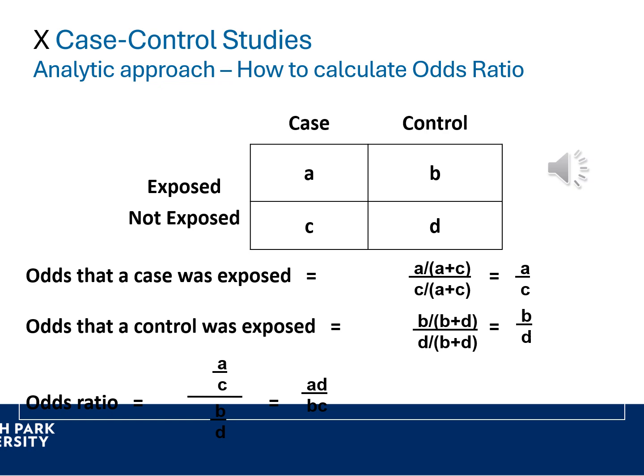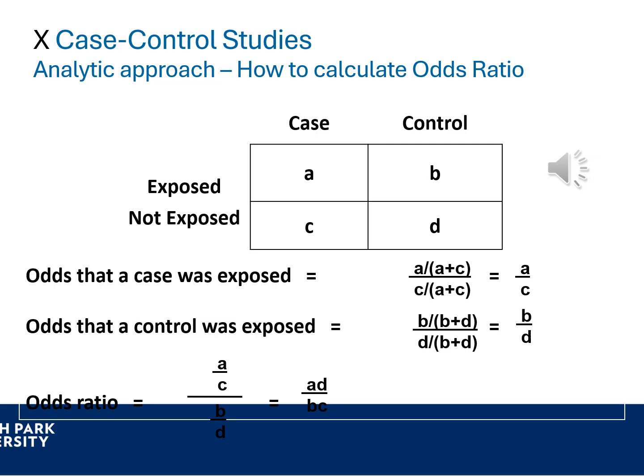So A plus C cancels out both in the numerator and the denominator in the odds that a case was exposed, and B plus D cancels out in the odds that the control was exposed. And we end up with a much simpler A divided by C and B divided by D.